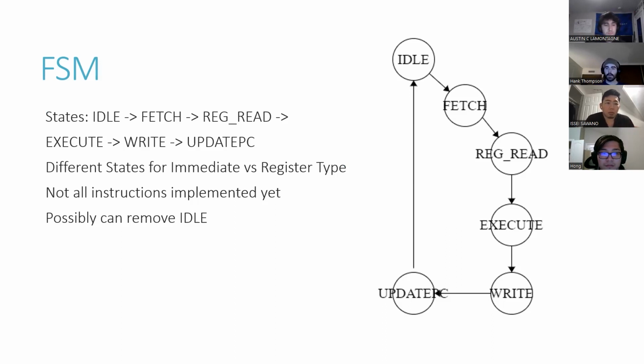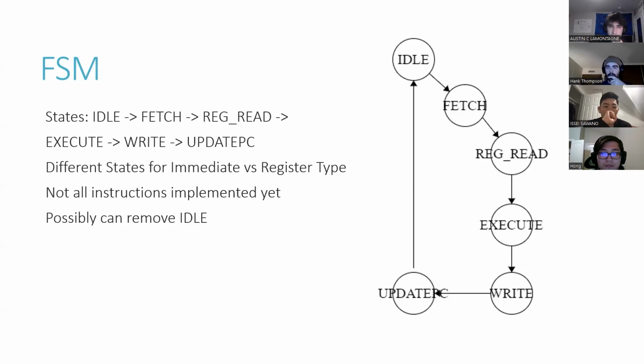One thing with the I-type versus R-type instructions is we have an I-type execute and an R-type execute, as well as I-type write and R-type write. The difference between these is that R-type write and I-type write set the mux control differently, and R-type uses the opcode extended and I-type uses just the opcode without the extended.